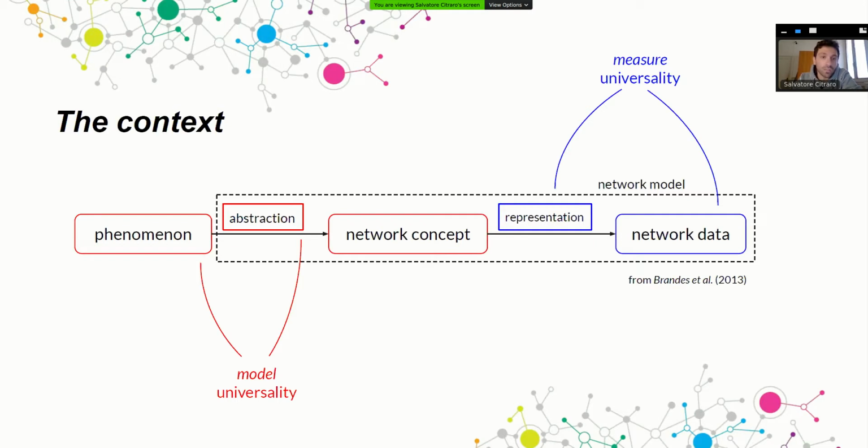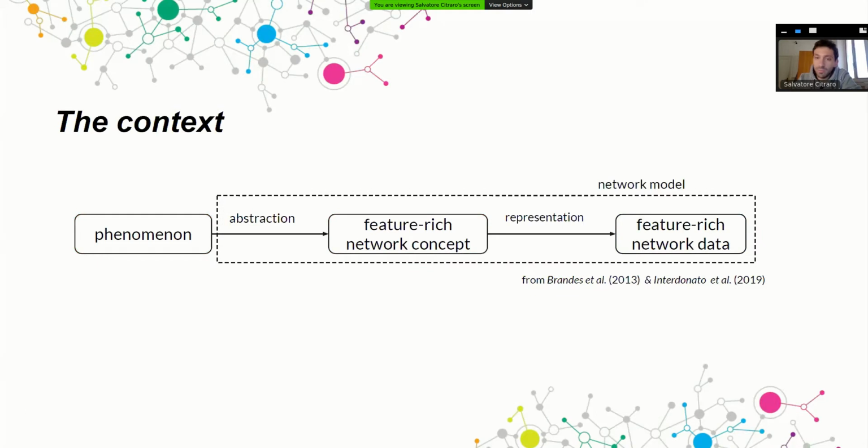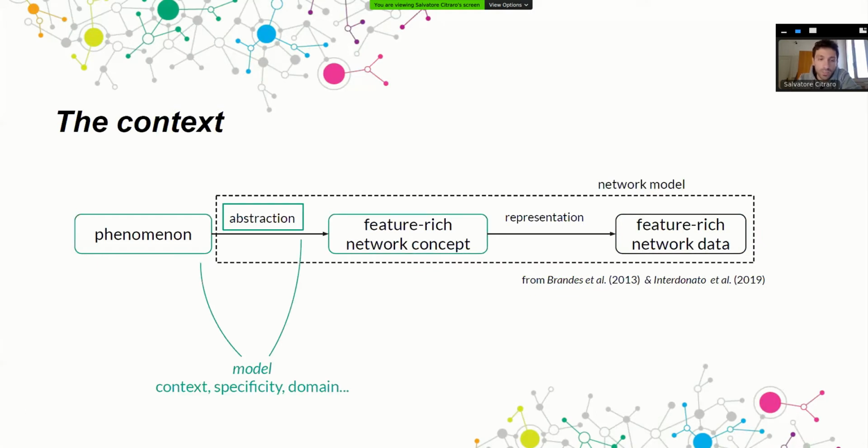But within the context of feature-rich modeling, we try to merge and mix universal principles and domain specificity.